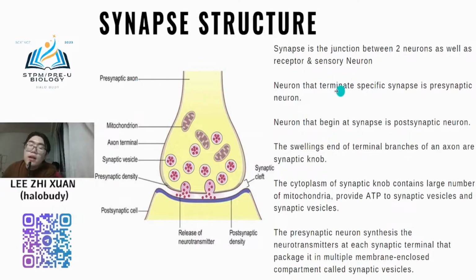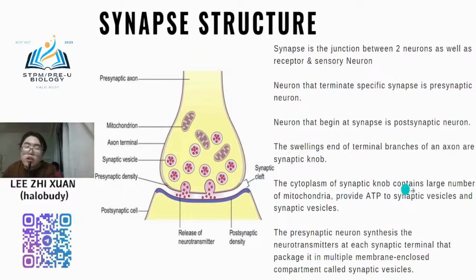The neuron that terminates at the synapse is presynaptic, and the one that begins at the synapse is postsynaptic. The swollen end is known as the synaptic knob, or synaptic cleft, both are acceptable. This part is what we call the synaptic knob, and the gap between the neurons is what we call the synaptic cleft.